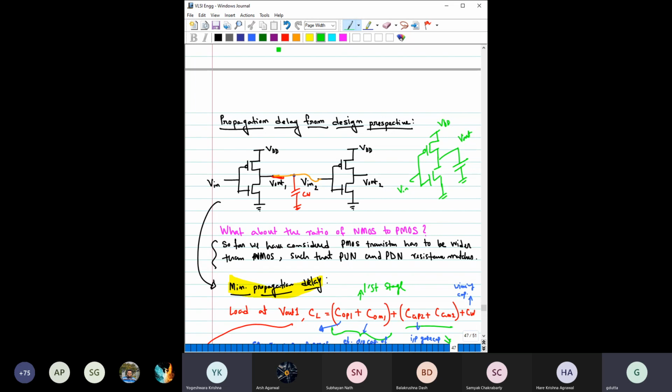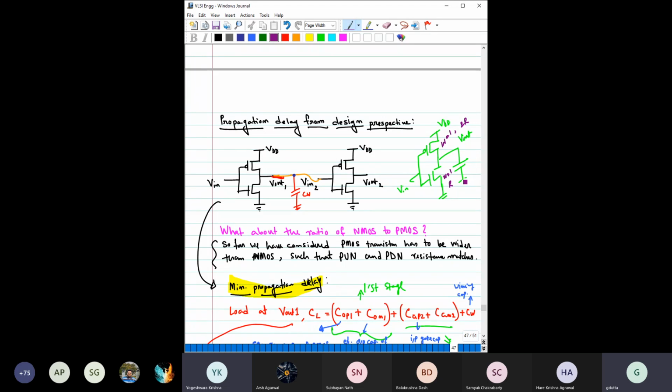Now I am saying if this width is equal to 1, both widths, then its equivalent resistance, let me not write R equivalent, say it is 2R. Say equivalent resistance is 2R. Here the equivalent resistance is R, right?